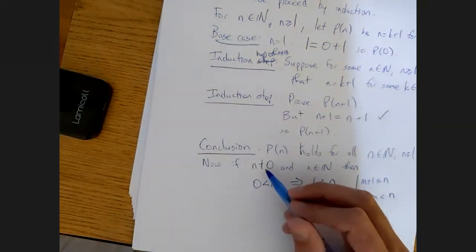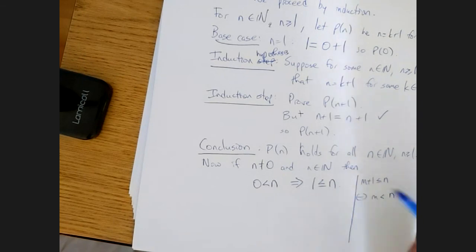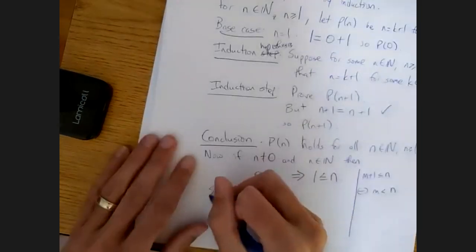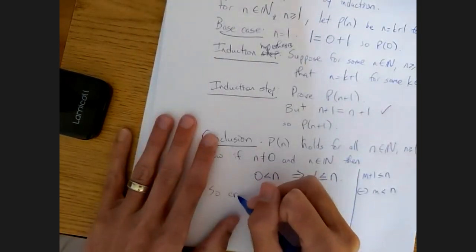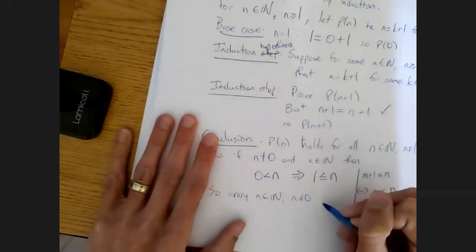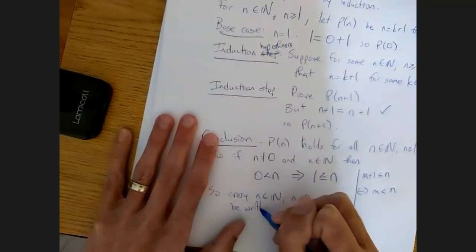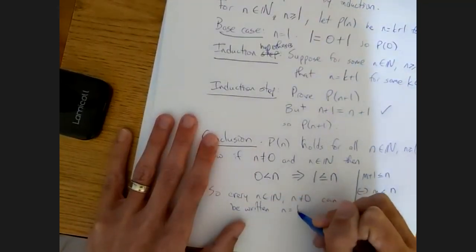So the set of all non-zero natural numbers is the same as all the natural numbers bigger than or equal to 1. And so now we're really done. Every non-zero natural number can be written n equals k plus 1.